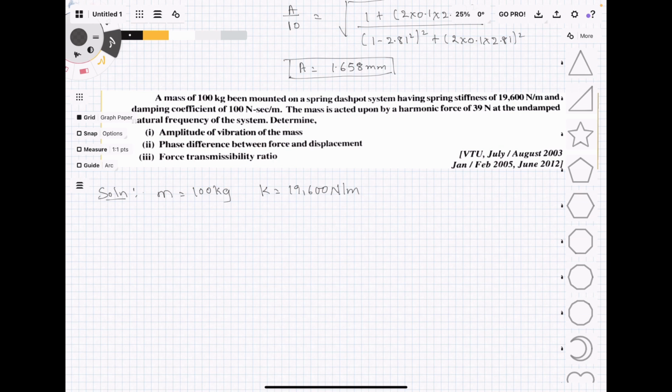Damping coefficient is C equal to 100 Newton second per meter. The harmonic force is F naught equal to 39 Newton. And the condition they have told here is that this 39 Newton force is being applied at the undamped natural frequency. Undamped natural frequency is a condition here, you need to remember.